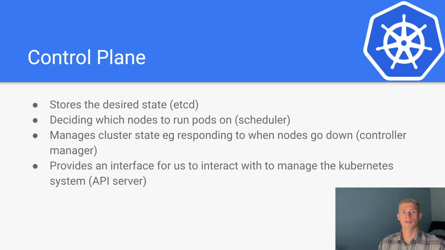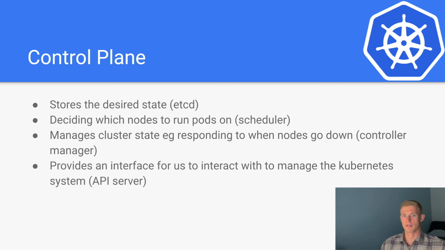The control plane is essentially the brain of the Kubernetes cluster. When we talk about the control loop, the control plane is what orchestrates the entire control loop, from monitoring the current state, storing the desired state, and remediating any variation between the desired and the current state.